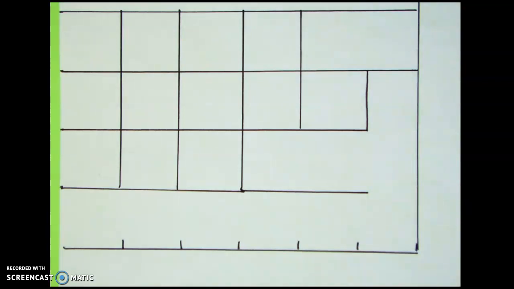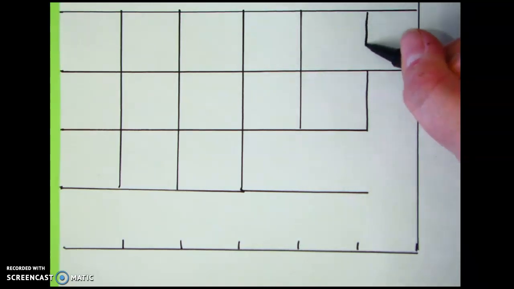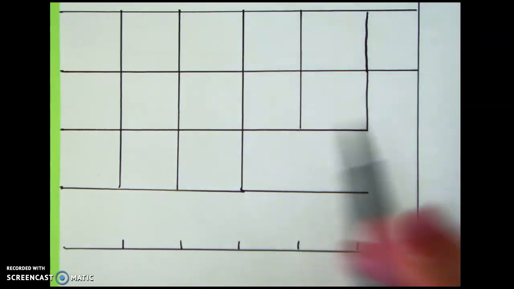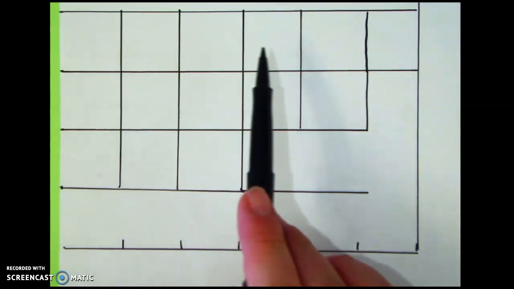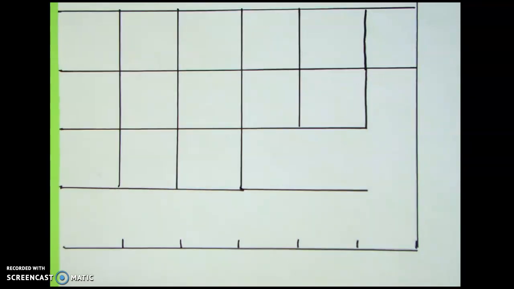So you should notice that you can draw a line right here and divide this rectangle in half. Now, how many square units do you have in that top row? That's right, it's 6.